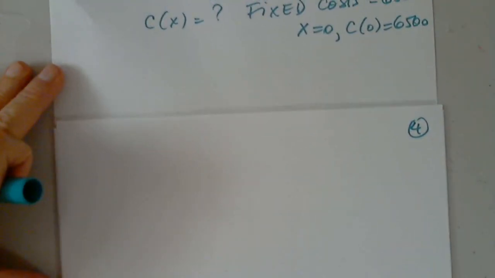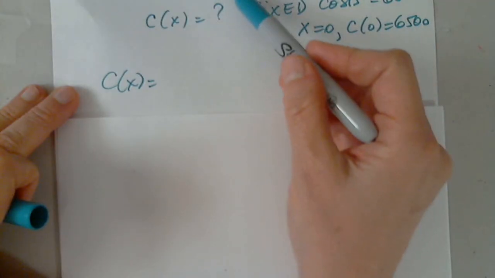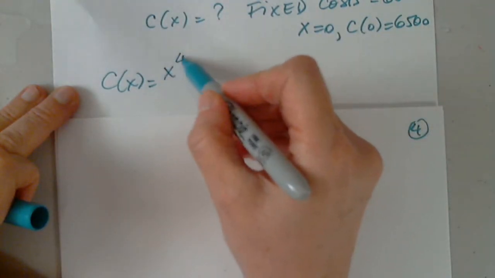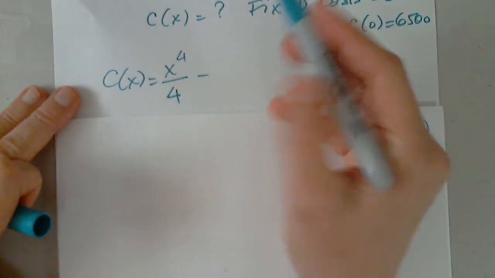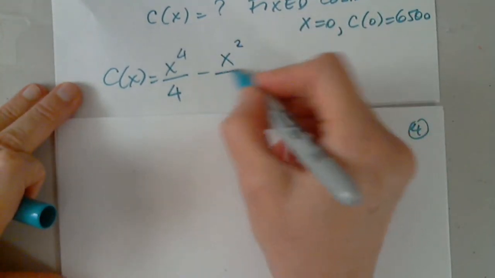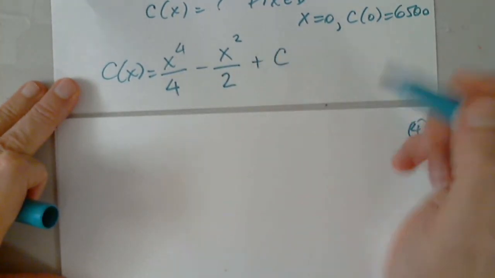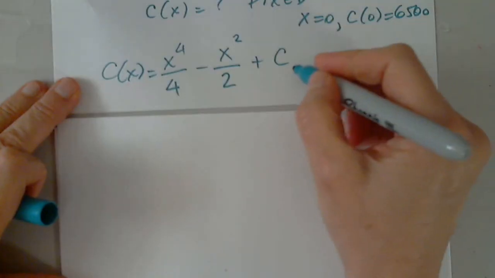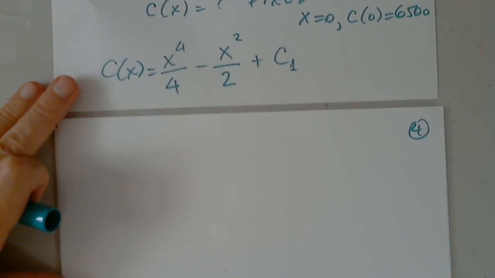Okay, so C of x will be, which function has derivative x cubed? Well, I increase the power by 1 and I divide by that number, minus, I increase the power by 1 and I divide by that number, and then plus a constant. Let me call it c1 so it's not confused with c or C prime or anything else.